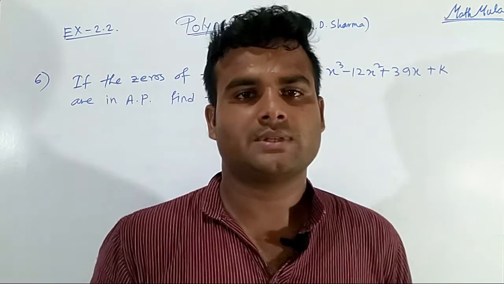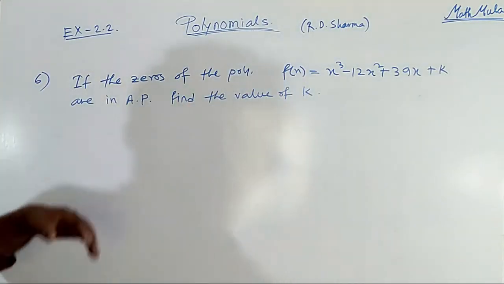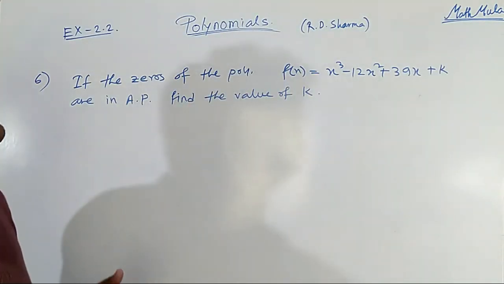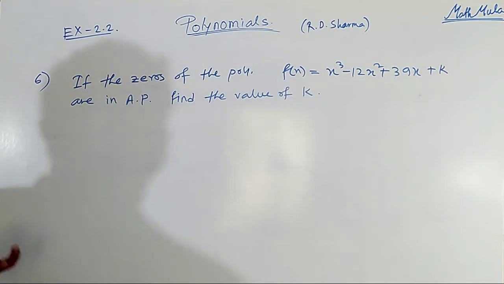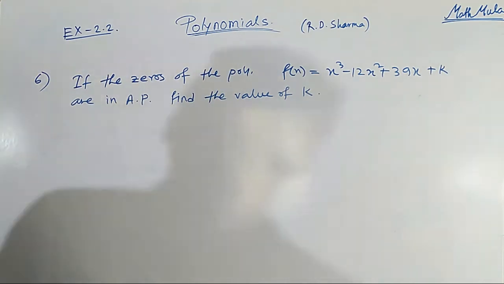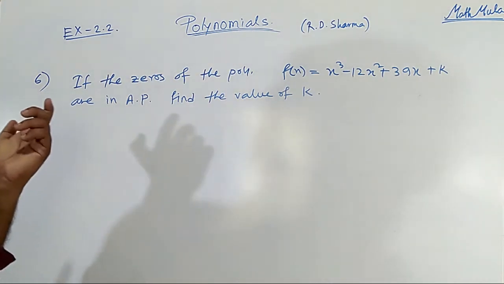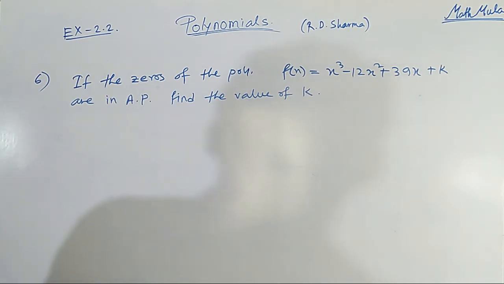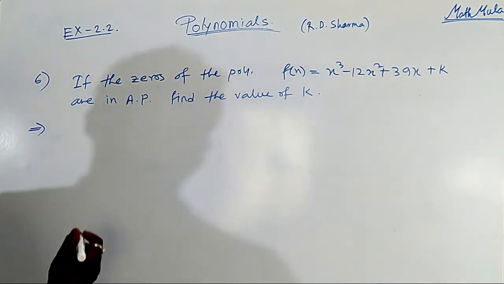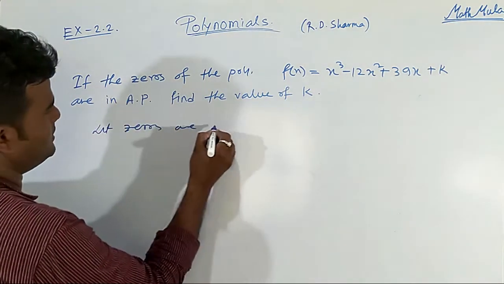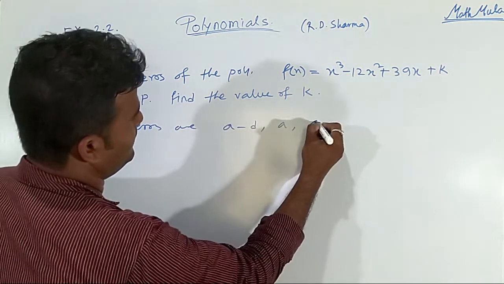Now we solve sum number 6. If the zeros of the polynomial f of x equals to x cube minus 12x square plus 39x plus k are in AP, find the value of k. Similarly, we solve this sum same as sum number 4 and sum number 5. Since the zeros of the polynomial are in AP, then the zeros are a minus d, a and a plus d.